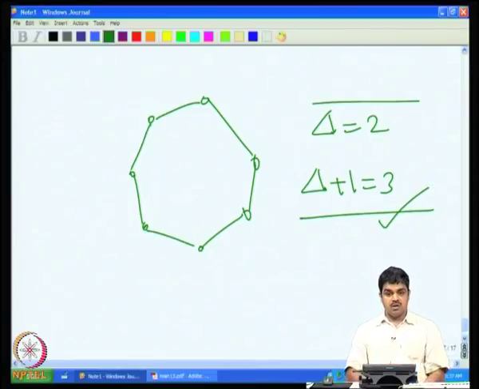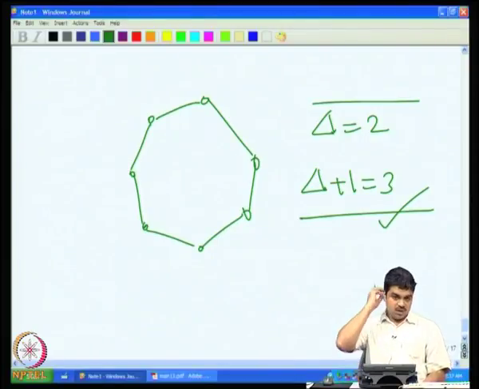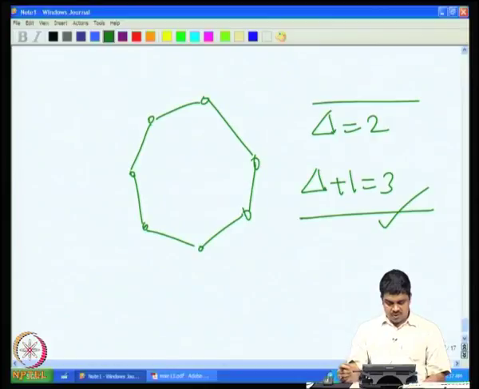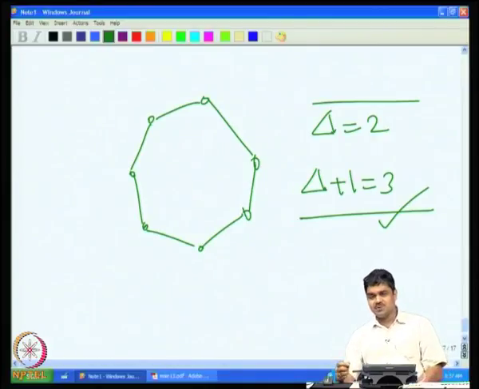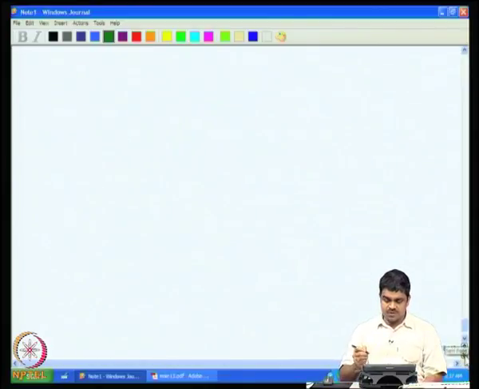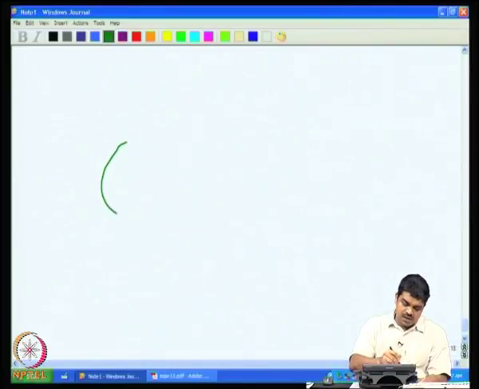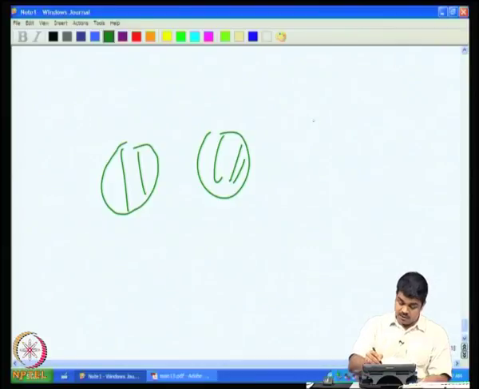So the odd cycle and complete graphs are some examples where we will need delta plus 1 colors. But are there some other situations? Of course, you can think of a graph with several connected components and one complete graph, one Kn, in it.